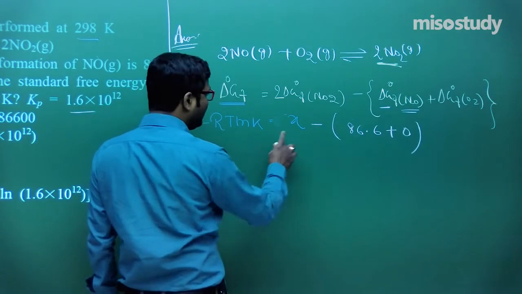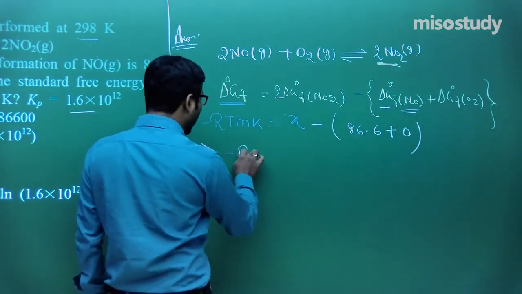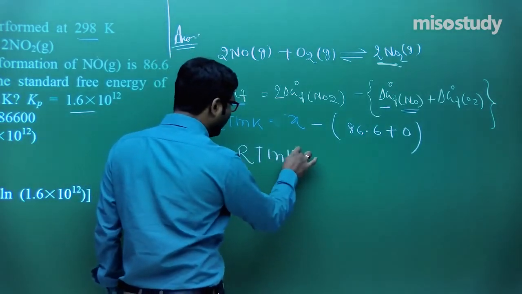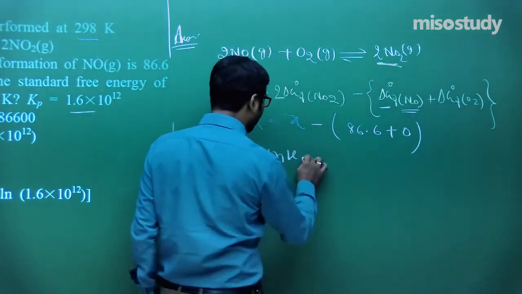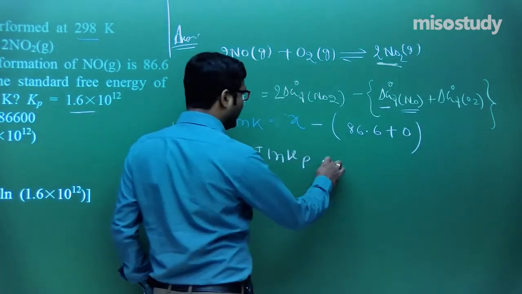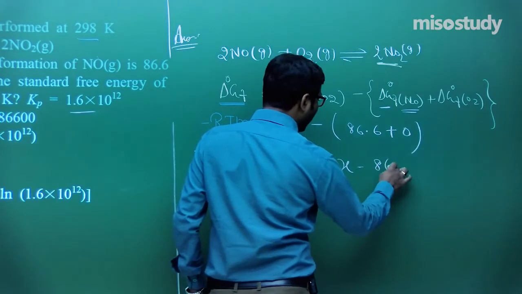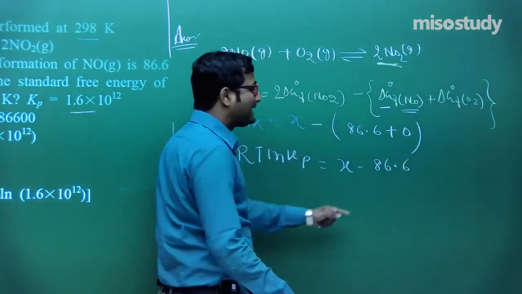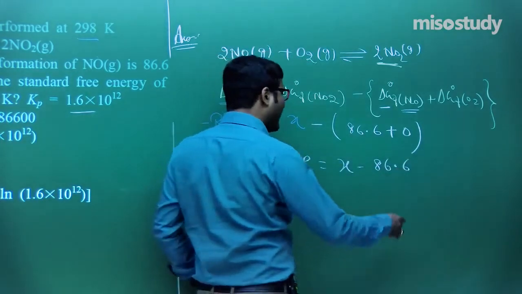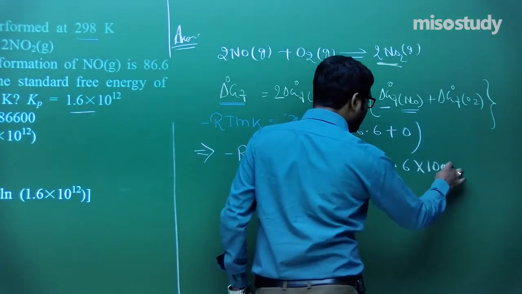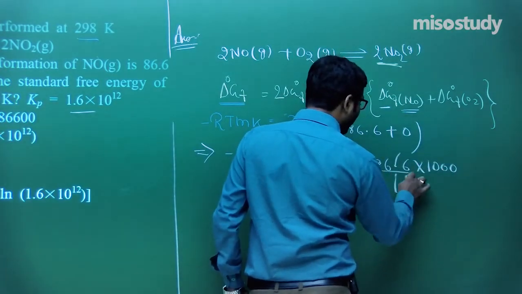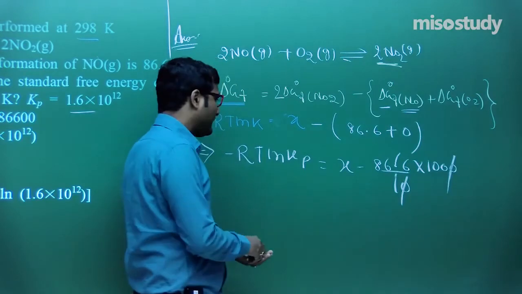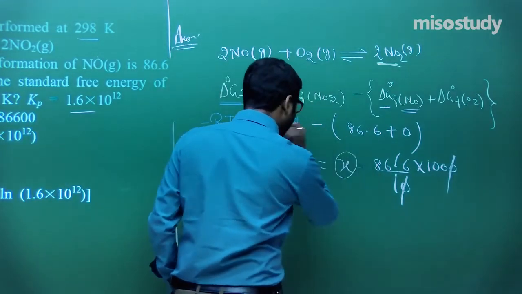Then what will happen? Minus RT ln K. Here Kp is given. So, put here ln Kp, equal to 2X minus 2 times 86.6 kilojoule per mole. You can convert it into joule by multiplying by 1000. Clear? Now, how to find the value of X?